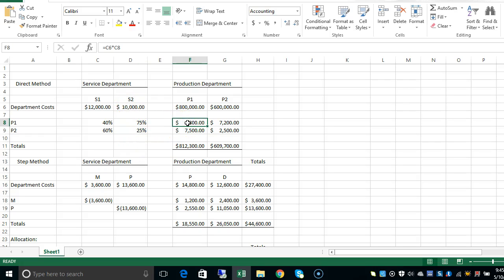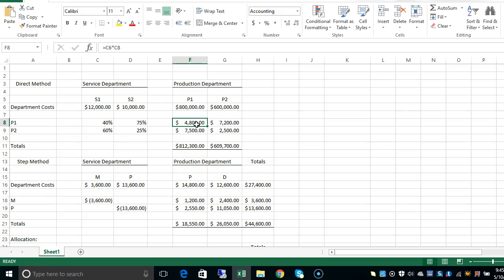So all we're going to do, as you can see in the formula here, is allocate 40% of service department 1's costs to production 1 and 60% of service department 1's costs to production 2.